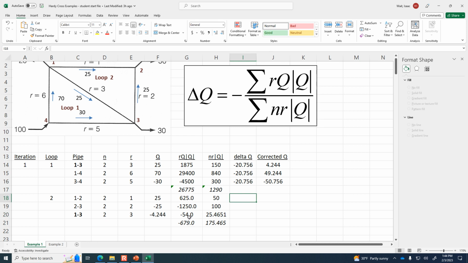Once we've got the sum of one column and the sum of the other column, we can calculate the delta Q. So delta Q is equals minus this one divided by that one.